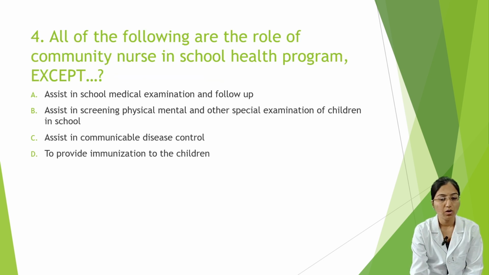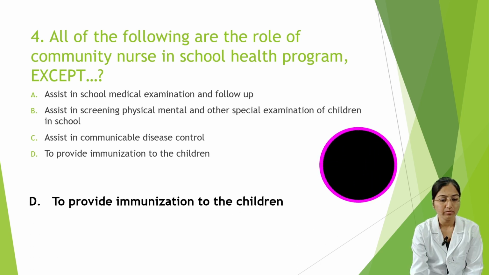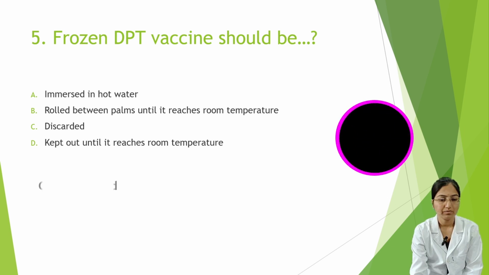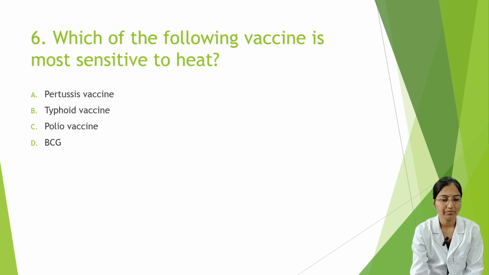Next question. All of the following are the role of community nurse in school health program except to provide immunization to the children. Next question. Frozen DPT vaccine should be discarded. Next question.